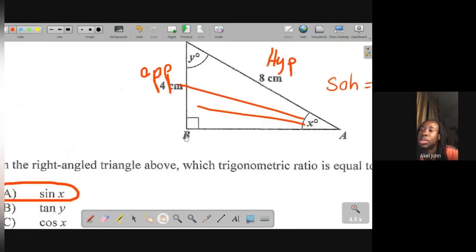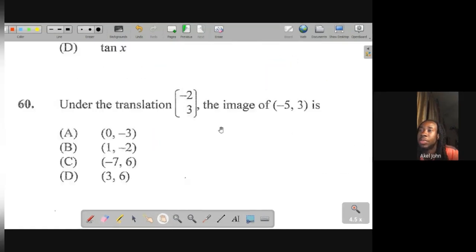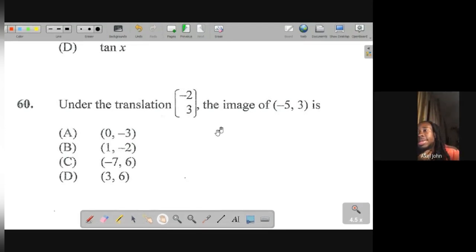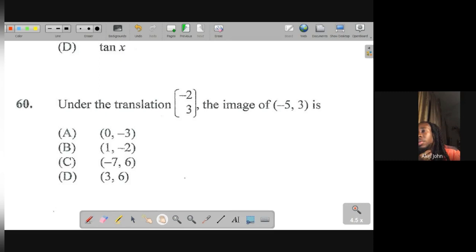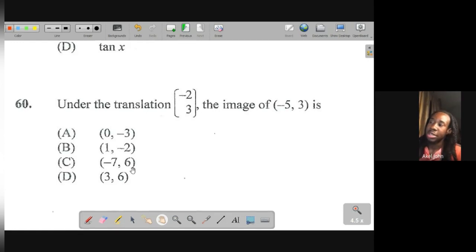Okay, so 16. Under the translation of the vector (-2, 3), the image of (-5, 3) would be what?